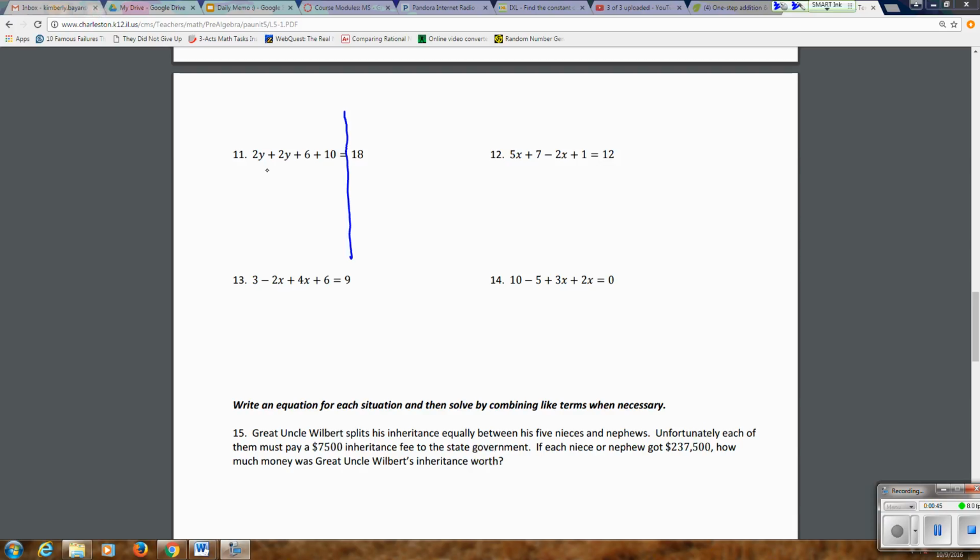Okay, so right here we have 2y plus 2y. Since both of these have an identical variable, which is y, there's no exponent, there's no other variable, we just have one y in this one and one y in this one. We can actually go ahead and add these together.